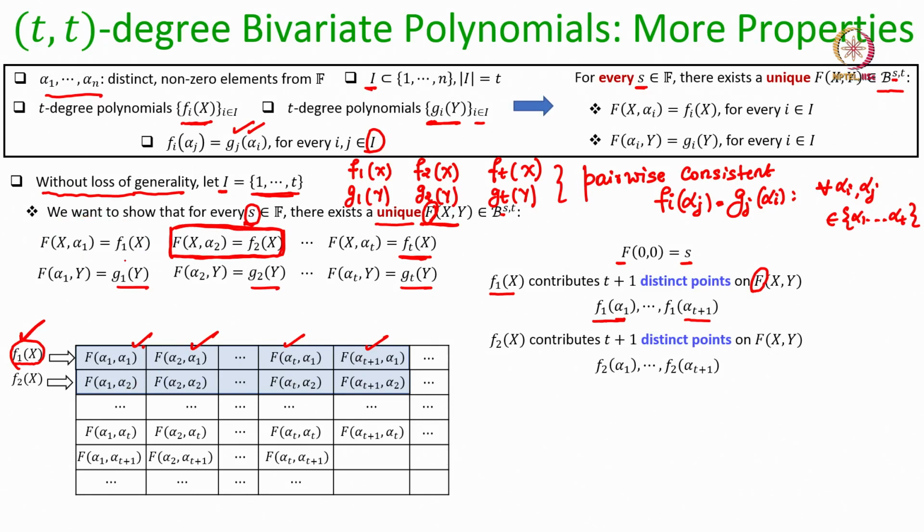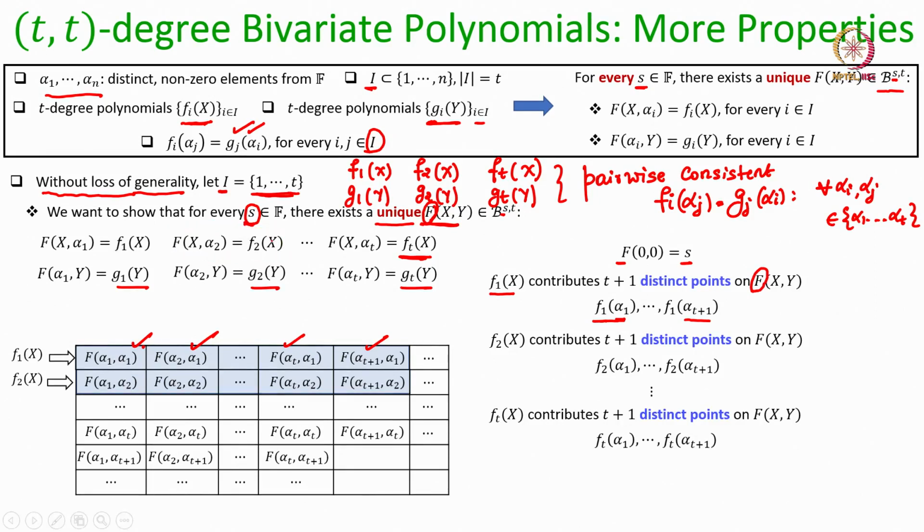Because of the second constraint that alpha 2, f 2 x also should lie on the unknown bivariate polynomial, we have fixed t plus 1 new distinct points on the bivariate polynomial, and like that you have the tth constraint due to this x polynomial. The tth constraint is that the unknown bivariate polynomial when evaluated at y equal to alpha t should give you the tth x univariate polynomial which is given to you.